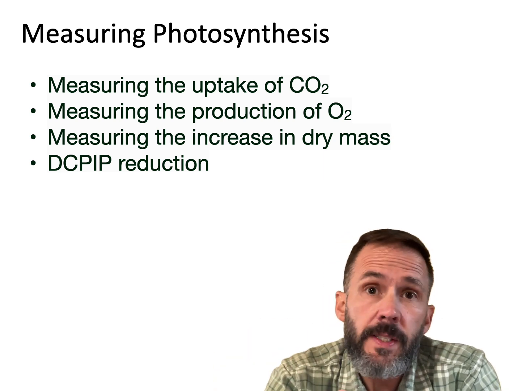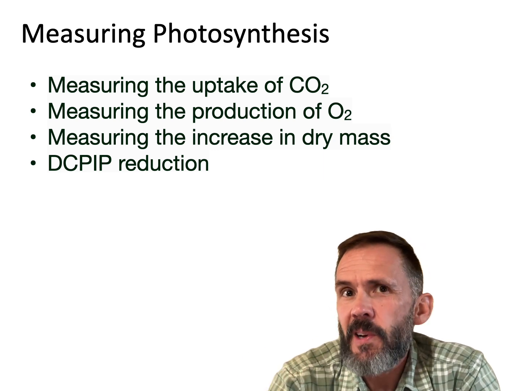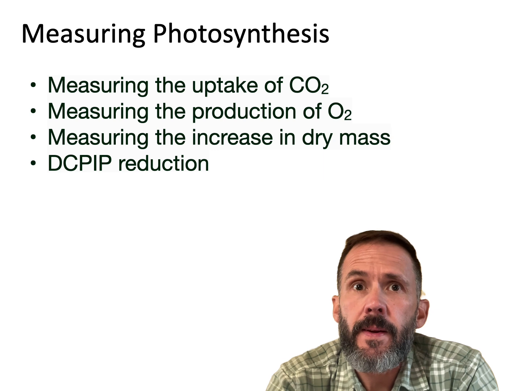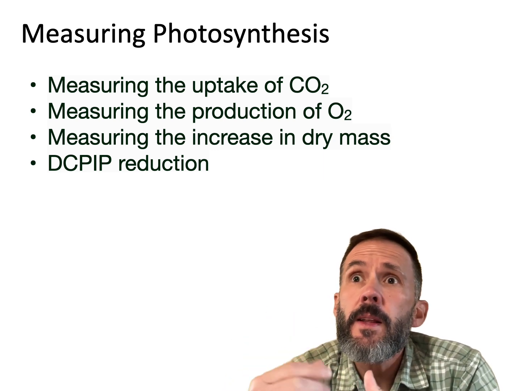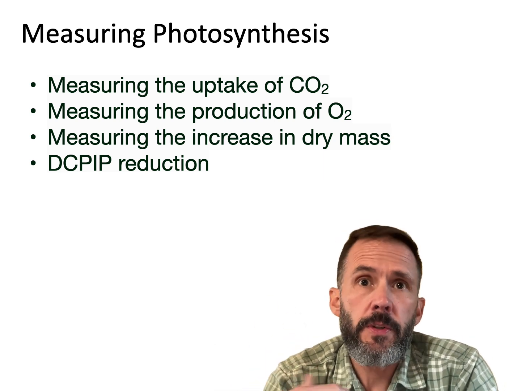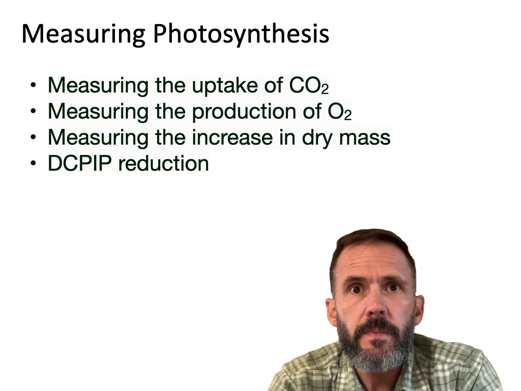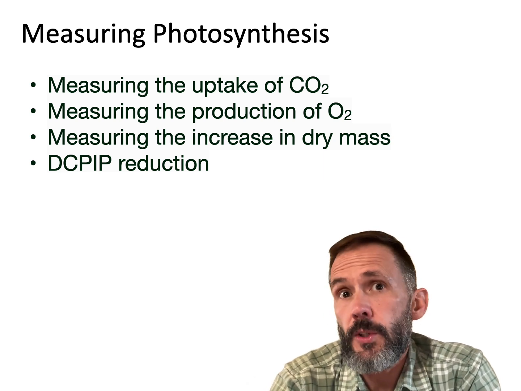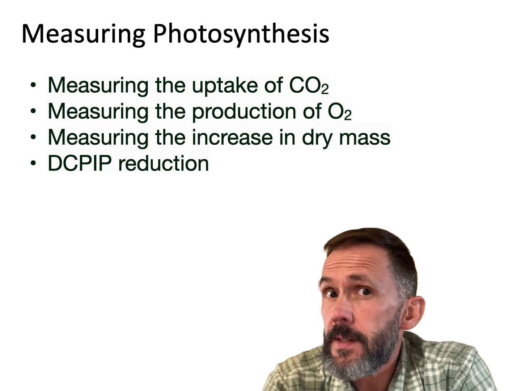Okay. We can also just see how much bigger the plants are. So this is using the expectation that the energy from photosynthesis, apart from respiration, is being used to build sugars or molecules using those sugars. So just an increase in weight, right, or material should be a reflection of the amount of photosynthesis.